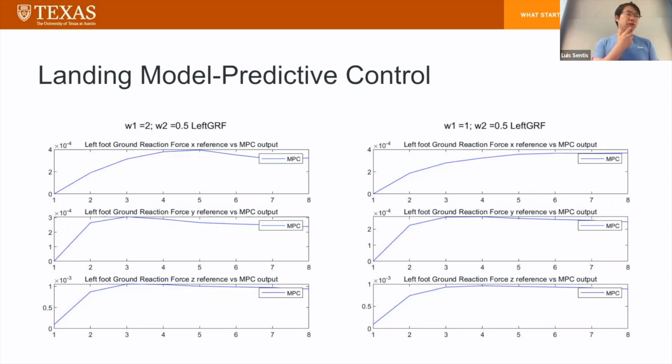The result here is not very ideal. Theoretically, we expect the ground reaction force in the X and Y axis to converge to 0 as much as possible, and the value on the Z axis will be like... How can it be so small? Like 10 to the -3, what, newtons or what?